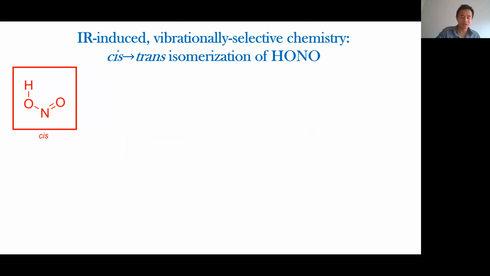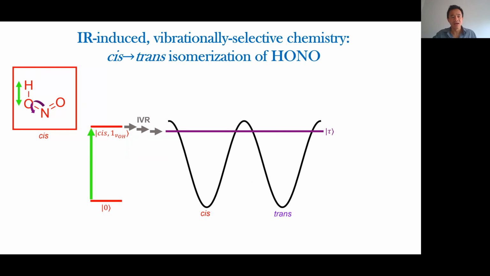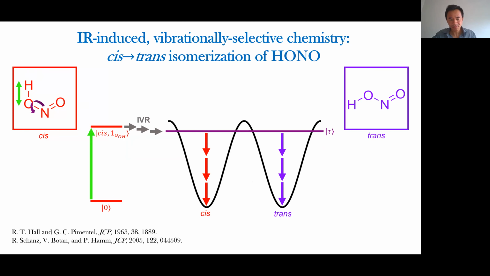So we go to 1960s physical chemistry, and people noticed that there are these chromophores where, if you photoexcite the OH stretch, it induces a very slow torsional isomerization that converts the molecule from cis to trans. This happens within 10 picoseconds. There is a branching ratio between cis and trans.